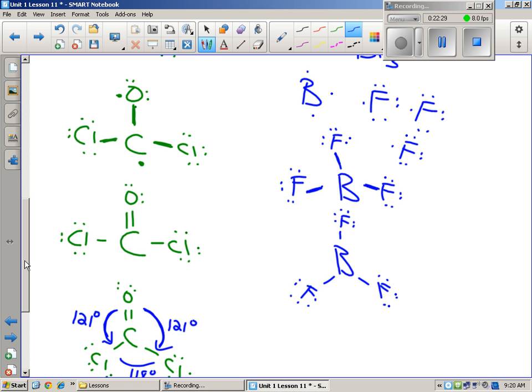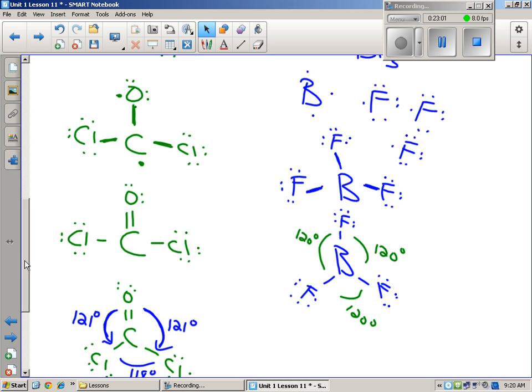So in fact, when you get boron types of molecules like boron trifluoride and boron trihydride, those are the only ones, and make sure you know this, that actually form a perfect 120, 120, and 120. And there are different reasons why boron gets away with only 6. We're not going to get into that.